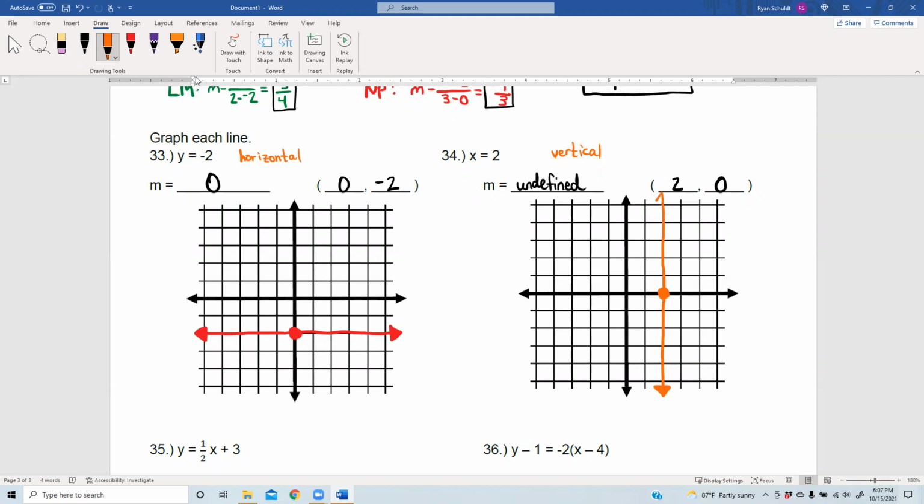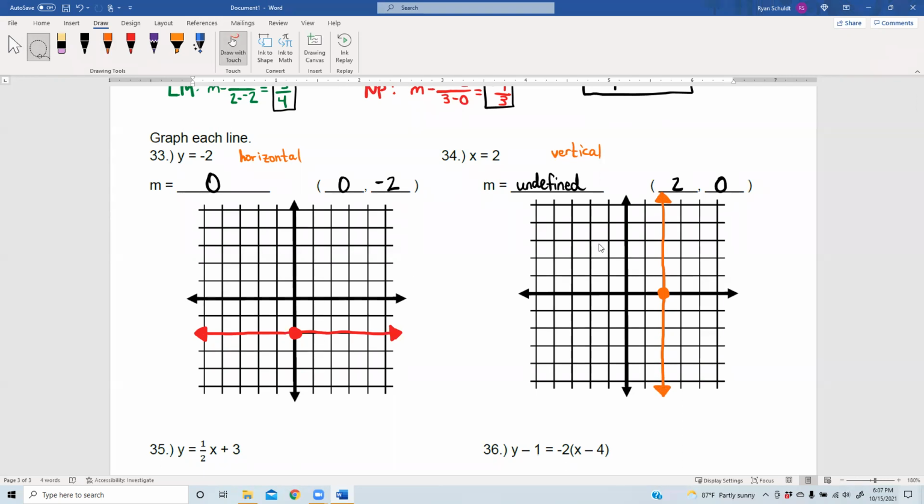And there's that line. I don't know why I did it in that color.